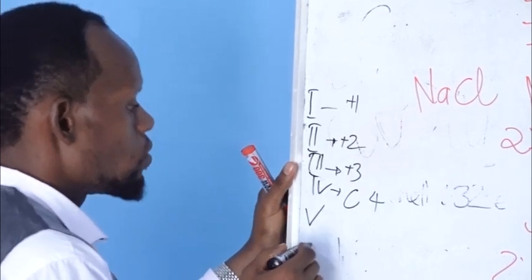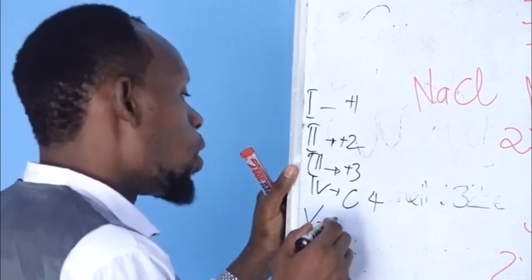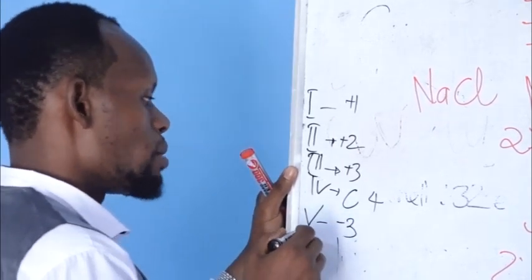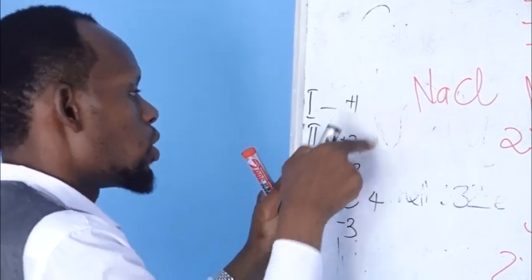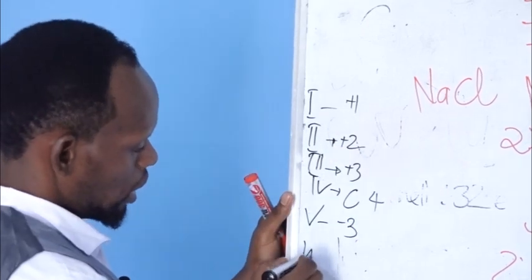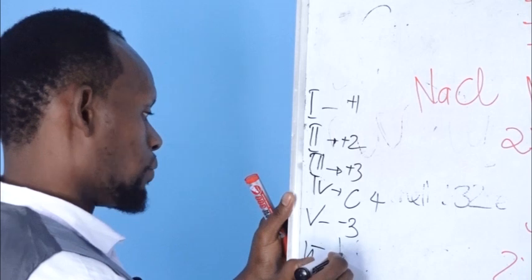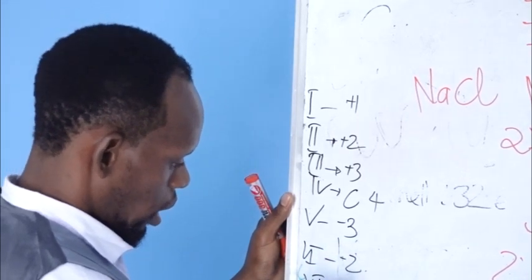Now group 5, including nitrogen and phosphorus, they have oxidation number of negative 3. Why? Because they are gaining 3. Here, they have lost 1, positive 1; they have lost 2; they need to lose 3. And here, group 6, they will have negative 2. And group 7 is negative 1.